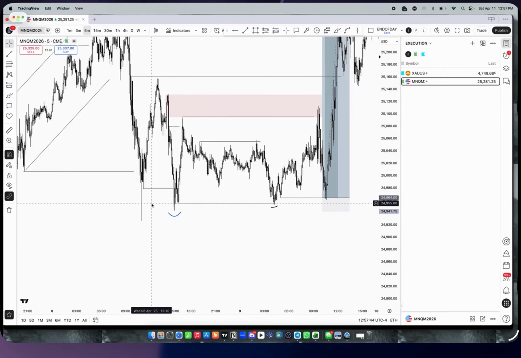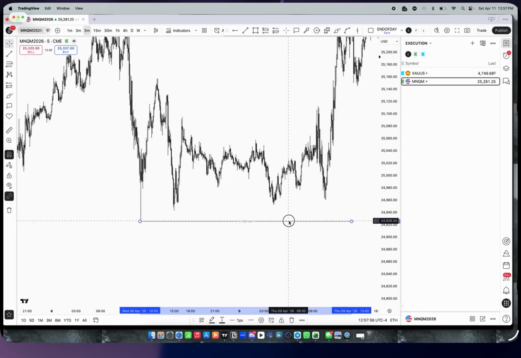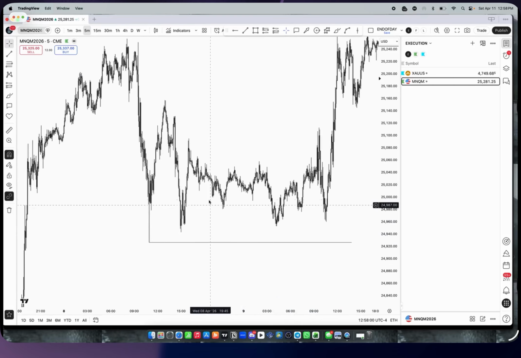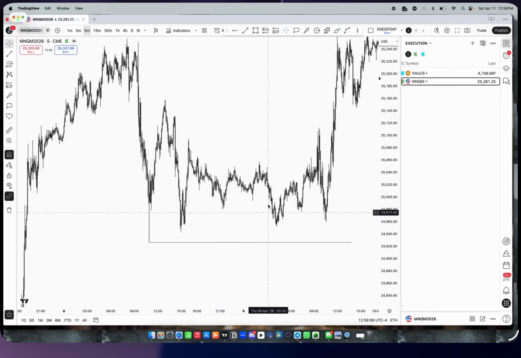As you can see, if we look at it with a no drawing lens, a lot of people would have said they wanted to see price below here, and you're not wrong. But now you're looking at it from a pattern standpoint, just because we've traded into the low once, twice, 3 times, 4 times. So it looks like we're building liquidity here.